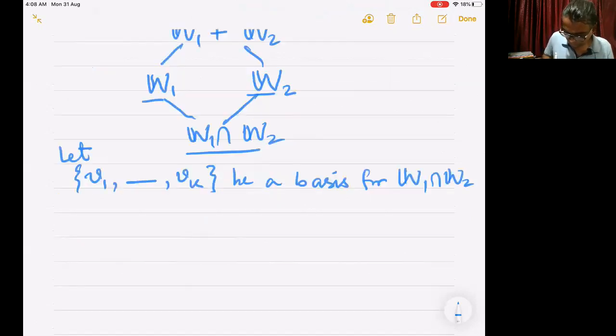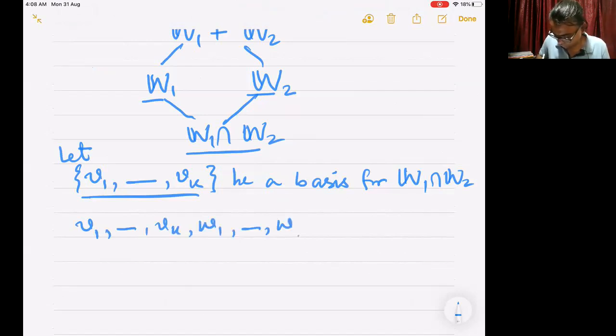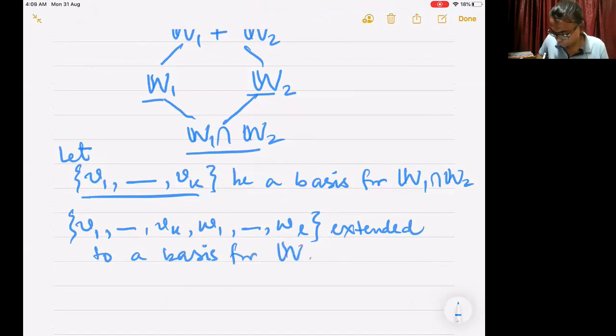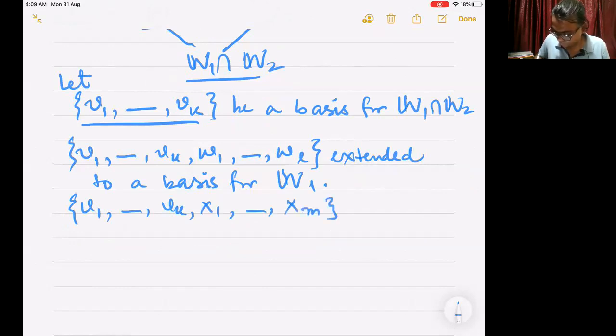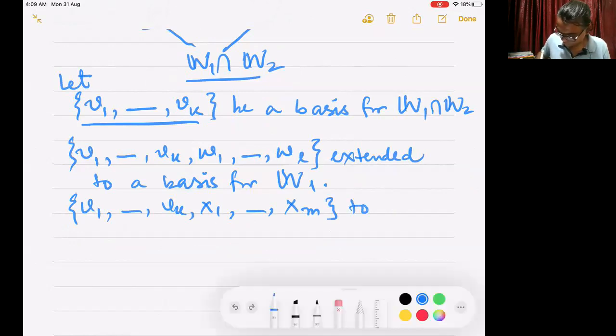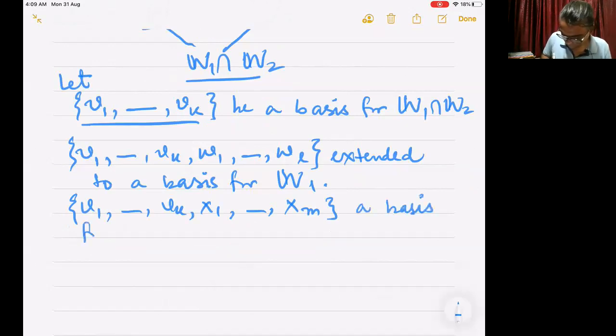Now, this I can extend to a basis for W1, and similarly the same thing extended, V1 up to Vk and say x1 dot dot dot up to xm, to a basis for W2, right?